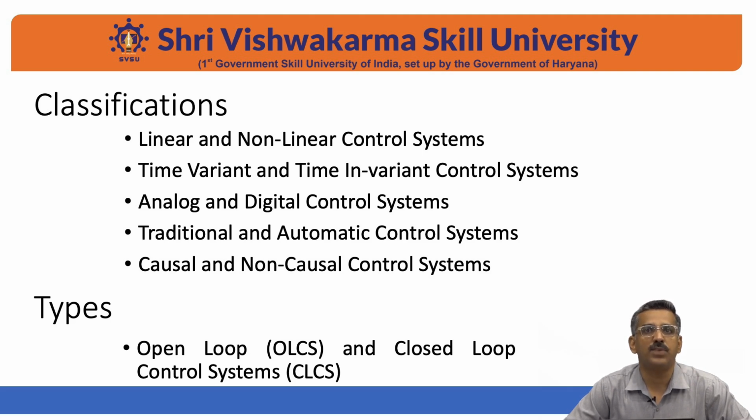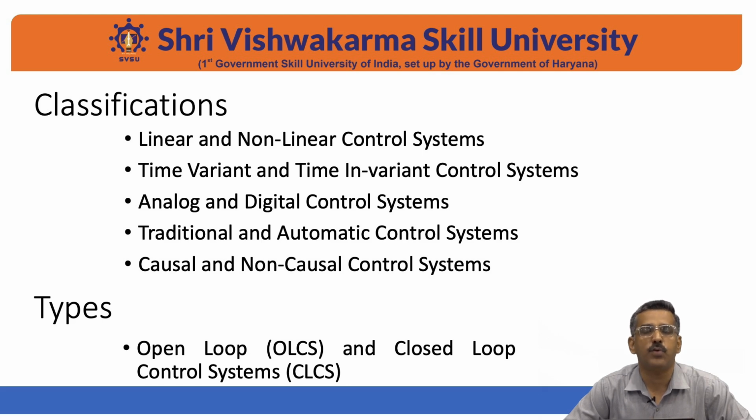On the basis of continuous and discrete signal, we can classify the control system as an analog or digital control system. Similarly, on the basis of mathematical tools like the state space representation, we can classify the control system as a traditional control system or automatic control system.